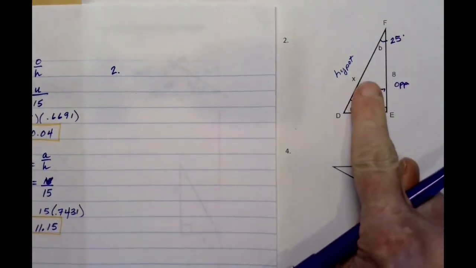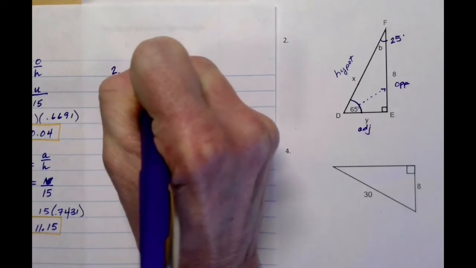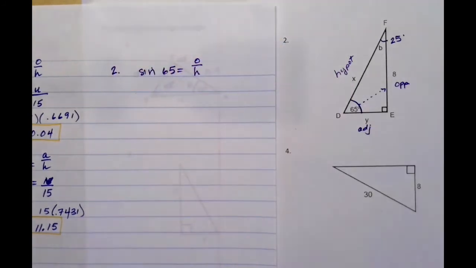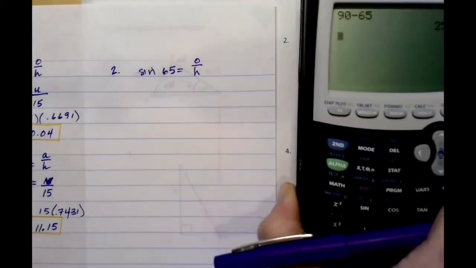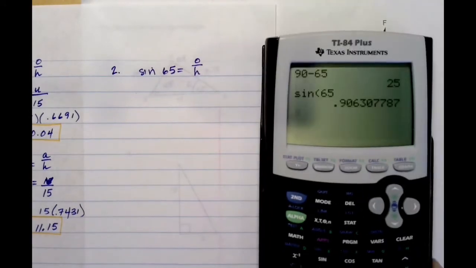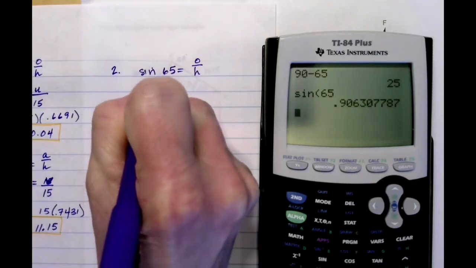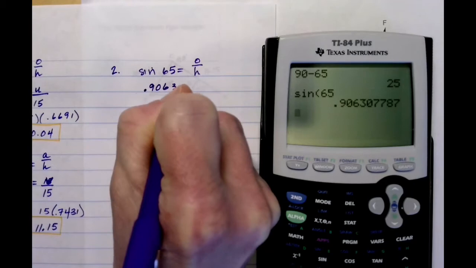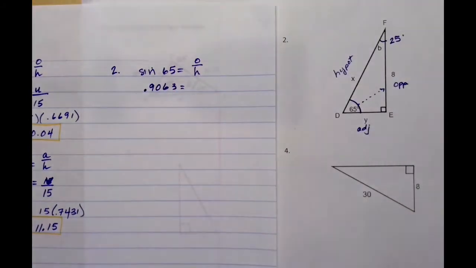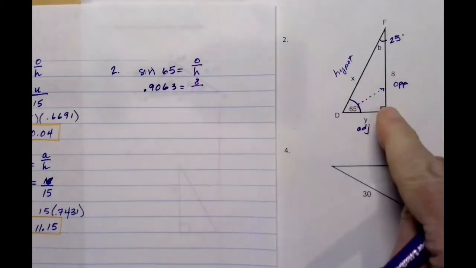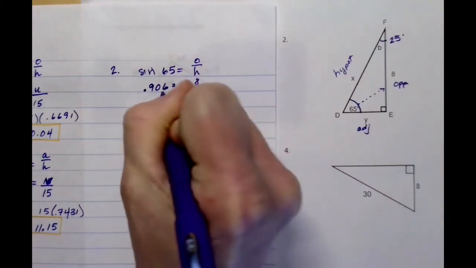I'm looking for the hypotenuse, so I can say the sine of a 65-degree angle is equal to the opposite compared to the hypotenuse. I can either go to my chart or my calculator and say, what is the sine of 65 degrees? And know that that's 0.9063. That is equal to, go back to my triangle, my side opposite is 8, and my hypotenuse is what I'm solving for.